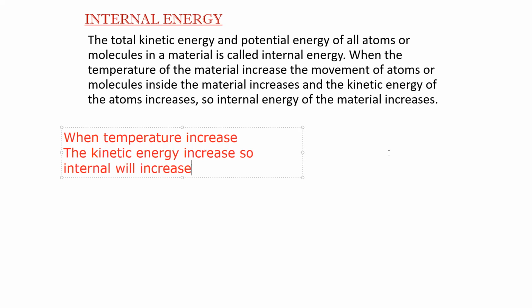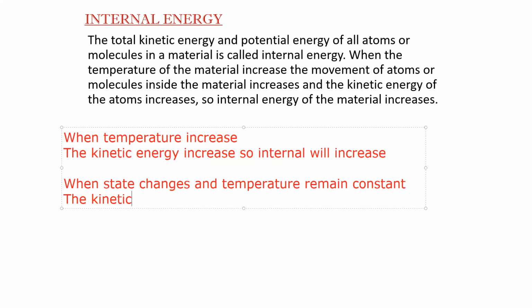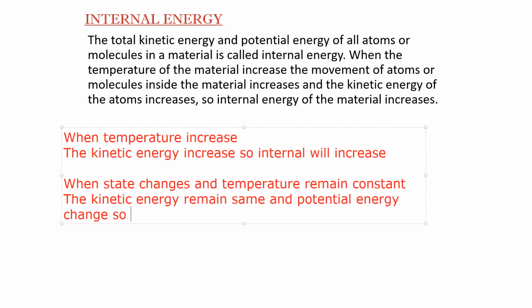And when the state changes and the temperature does not change, like when a substance is melting or boiling, or evaporation or condensation, so when the state changes and the temperature remains constant, what we observe is that the kinetic energy remains the same, does not change, and the potential energy increases or decreases. So the internal energy will change as well.